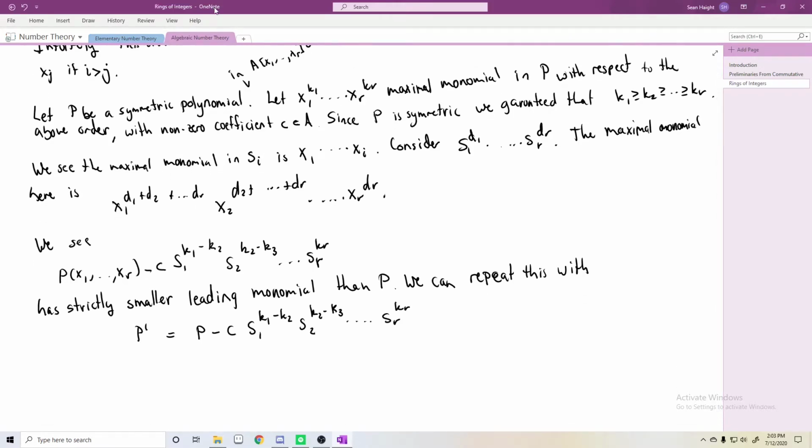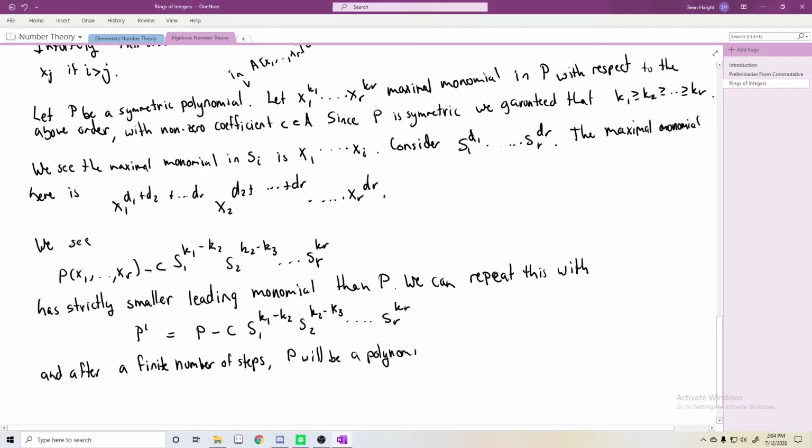Okay, and after a finite number of steps, we'll have written P as a polynomial in the s sub i's with coefficients in A.